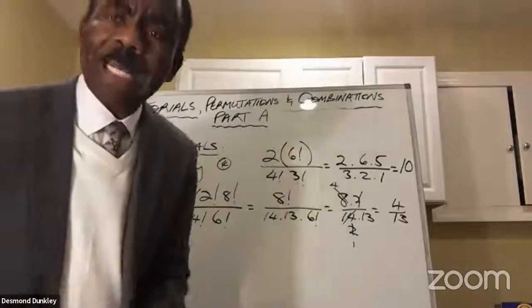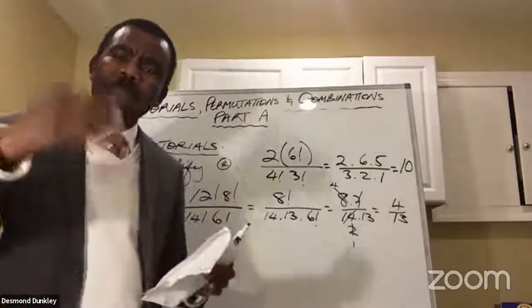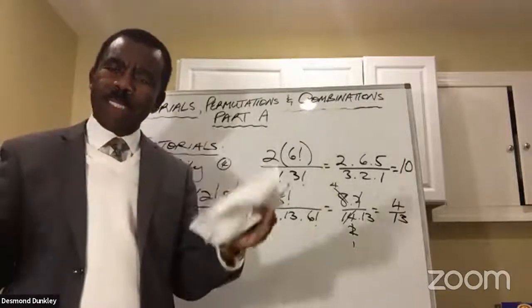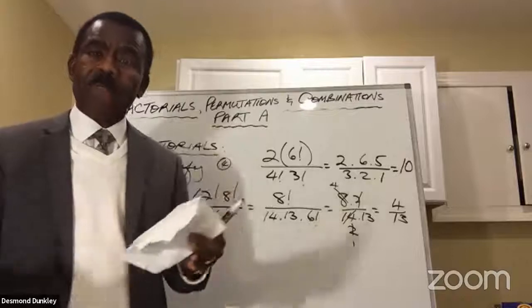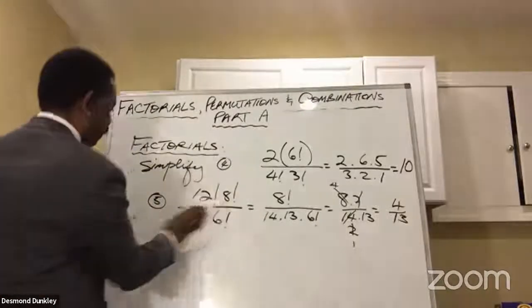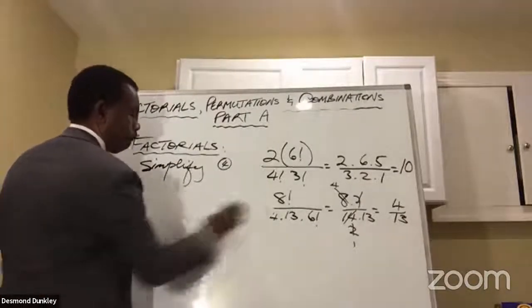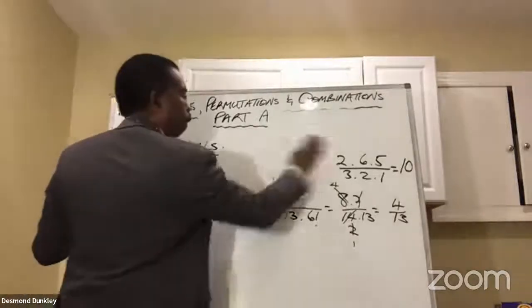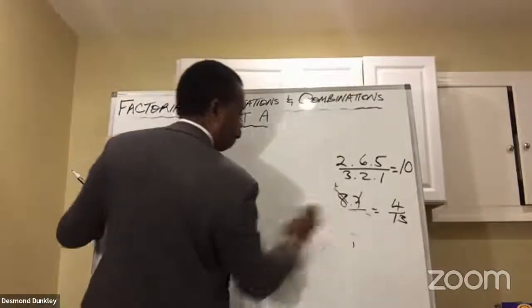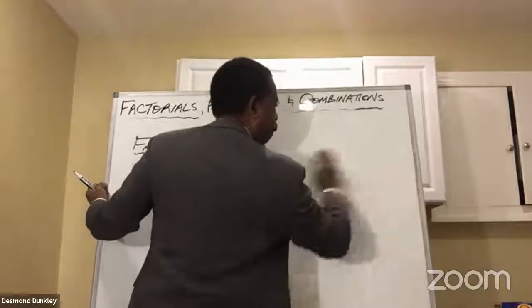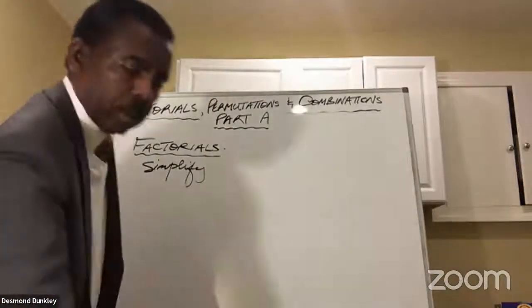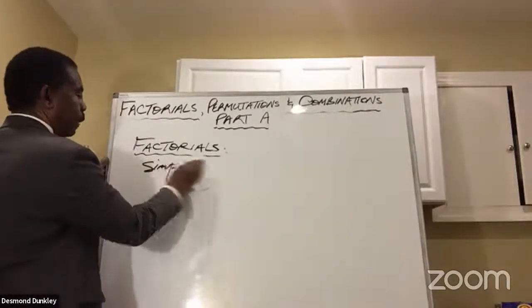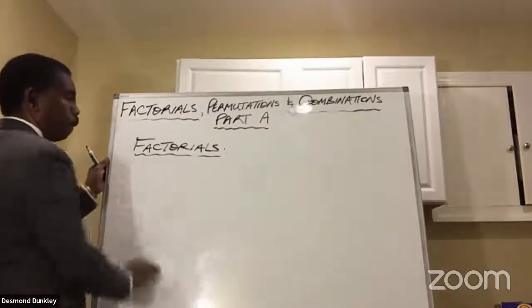Now let's try something a little bit more abstract. Once I give you numbers, it becomes easy. What happens if I give you something with letters? How will that work? So I can erase this right here.